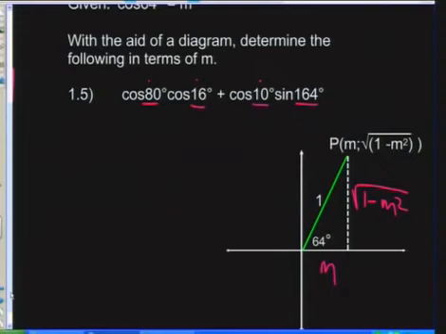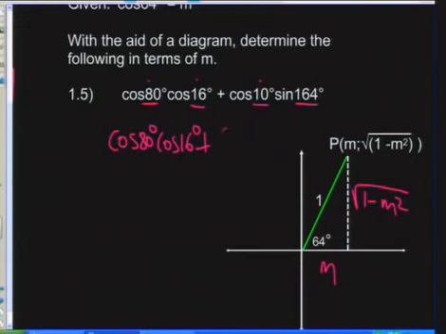So let's see what I can do. For now, I'll leave anything less than 90. I'll leave my cos 80 as cos 80. The cos 16 degrees. I'll leave everything less than 90. Cos 10 degrees. Leave as cos 10 degrees.